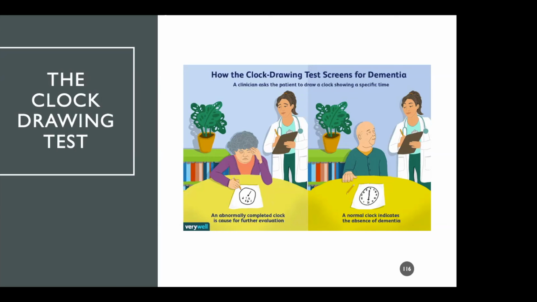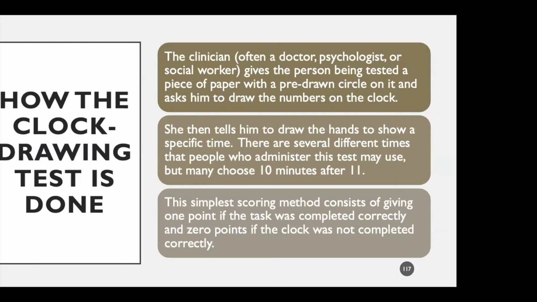I'm very sorry we don't have time to go into it, but next slide, I've given you how to give the clock drawing and how you need to decipher the score. Basically, you tell the person to draw the hands of the clock and to show 10 minutes past 11. Any mistake is considered that the person should go on for a full-fledged assessment.